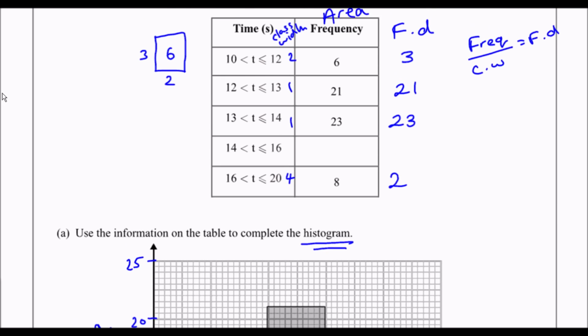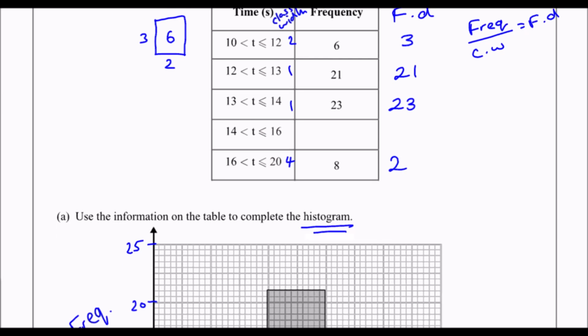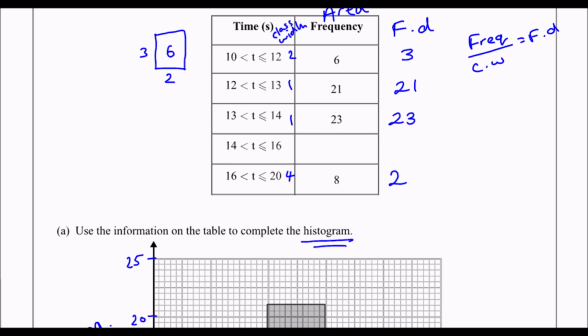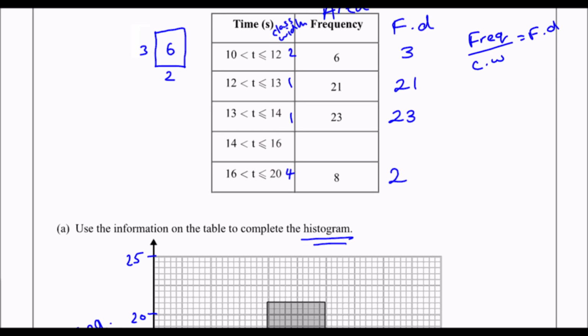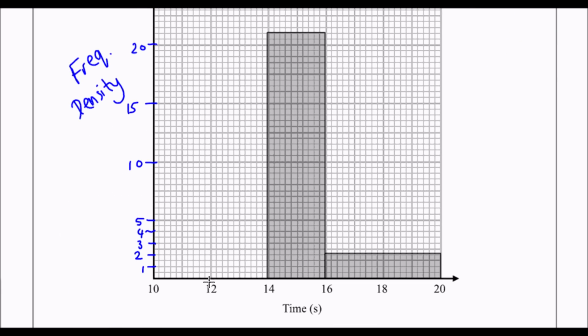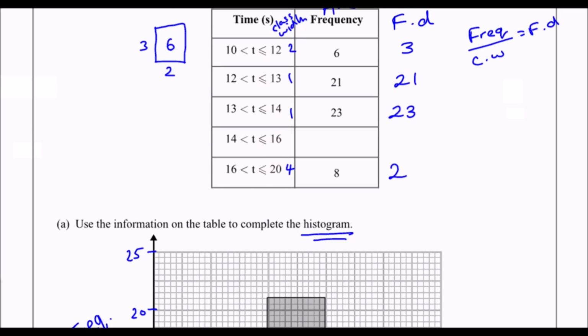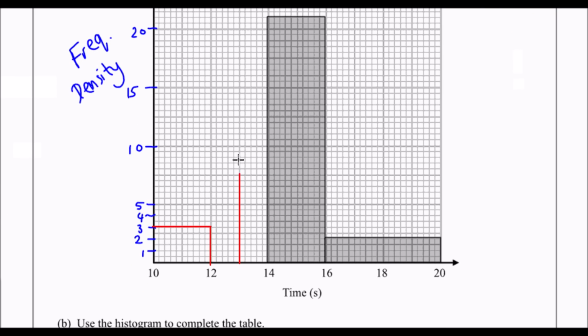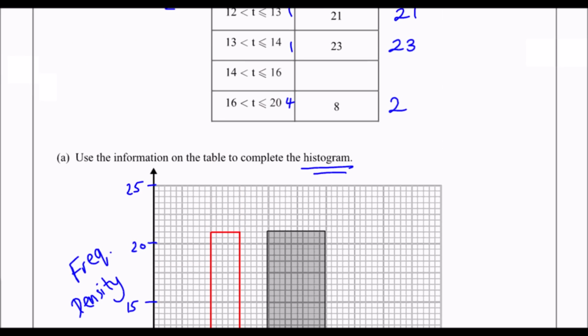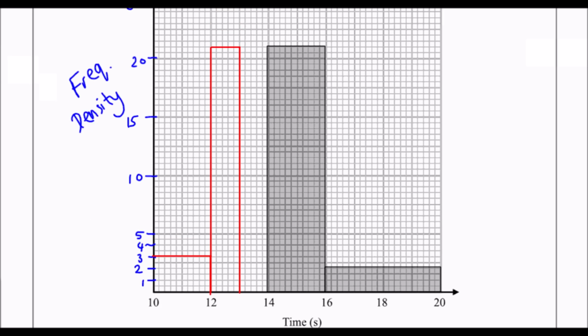So let's complete these boxes now. Time 10 to 12 seconds has got a height of 3, a frequency density of 3. So 10 to 12 goes up to 3. 12 to 13 goes up to 21. 13 to 14 goes up to 23.